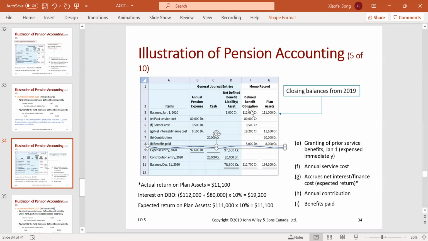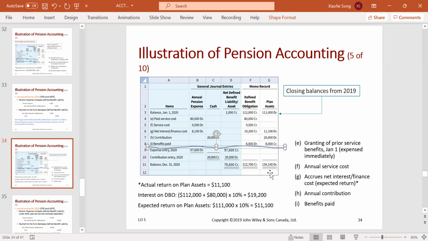And then if you tally up the changes in defined benefit obligation, which the continuity table will show, you will have a total defined benefit obligation of 212,700 at the end of the year. And the plan assets changed from 111,000 to 134,100.